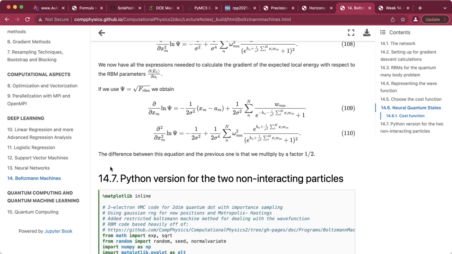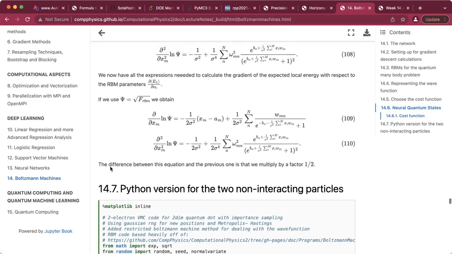So the first step is to implement this simple Boltzmann machine, in either 1, 2, or 3 dimensions as you did in project 1. Then look at either 1 particle, 2 particles or many, and check that you actually get the correct energy for the non-interacting case. We know the value for that.